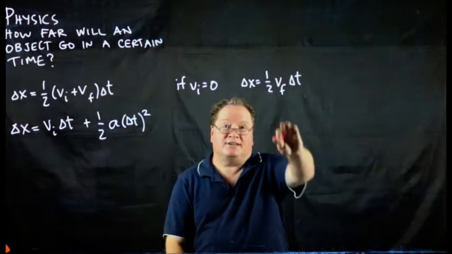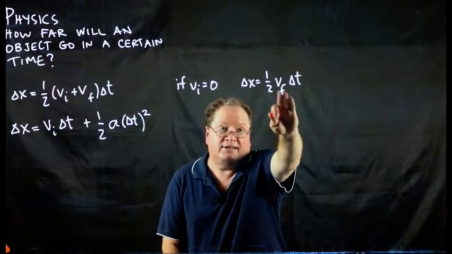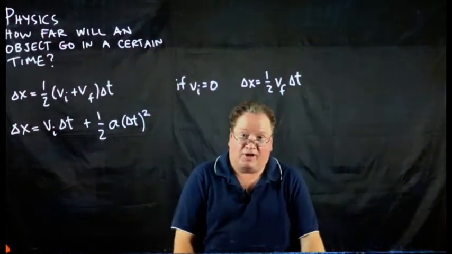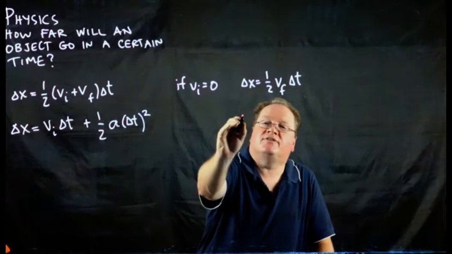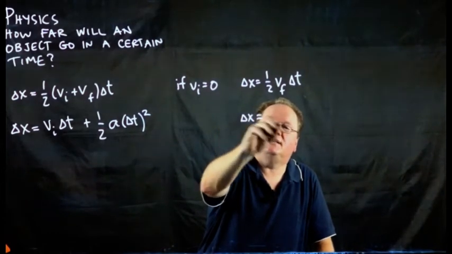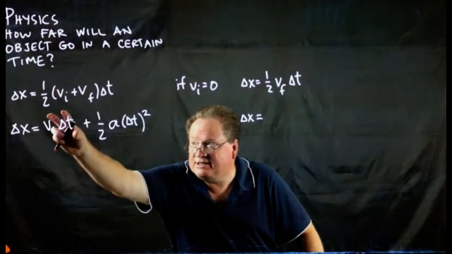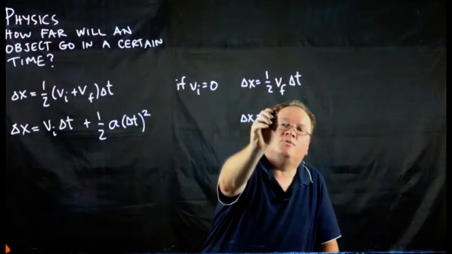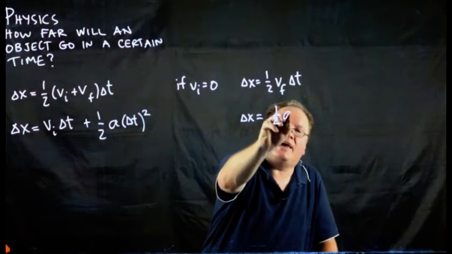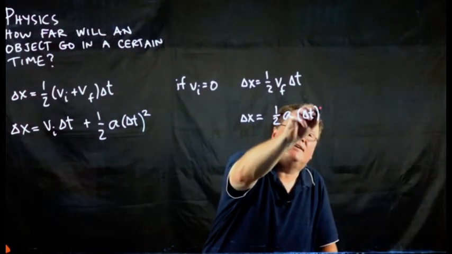So basically the distance it would move would be half of its final velocity times however long it's been falling. This equation would become delta x equals, this VI again would go away completely, and so would the delta t. This whole term would turn into 0. So it would equal 1/2 a, acceleration, times delta t squared.